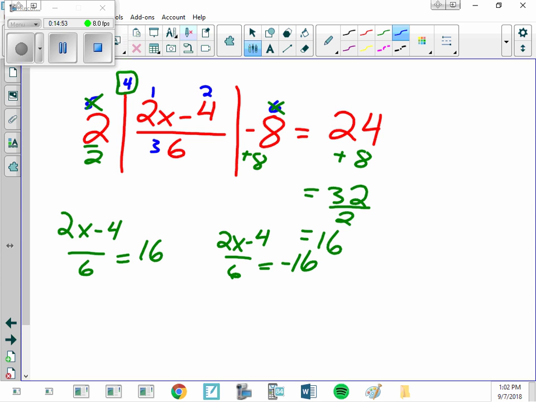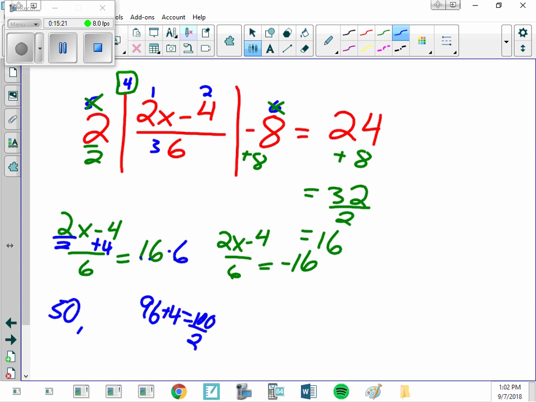I'm going to multiply by 6. 10 times 6 is 60, and 3 times 6 is 36. So 96. Sorry, 6 times 6 is 36. I did it right. I said it wrong. So 96, then I add 4, which is 100, and then I divide by 2, and I get 50.